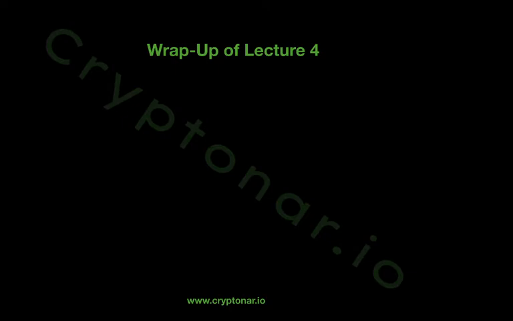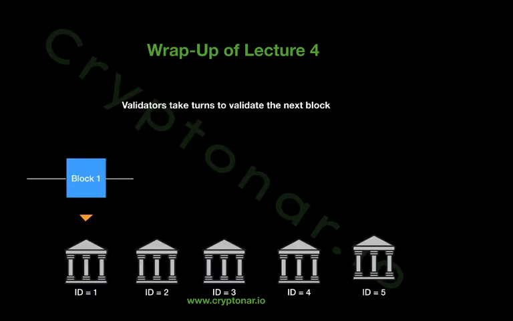And we can begin with a quick wrap up of the Cryptonario class of last time. We saw that we arrived at the moment in which we had different banks with different IDs, which is the name, a way to identify the bank.